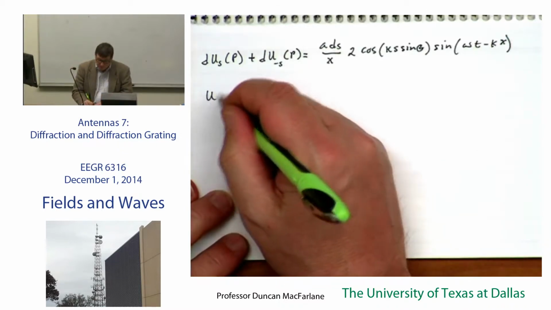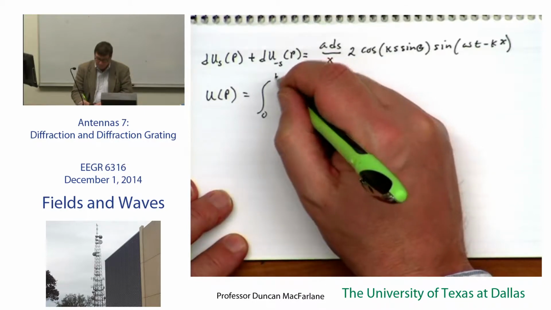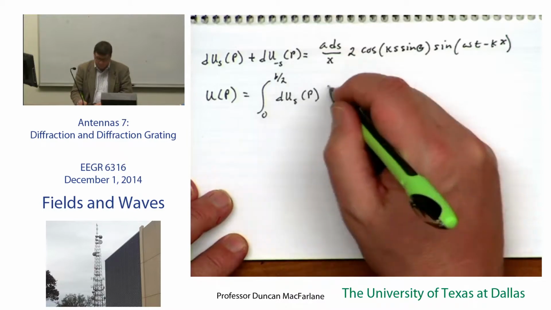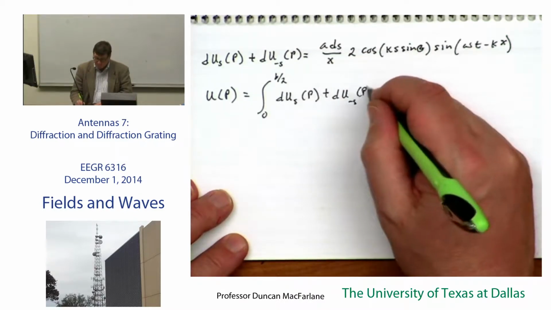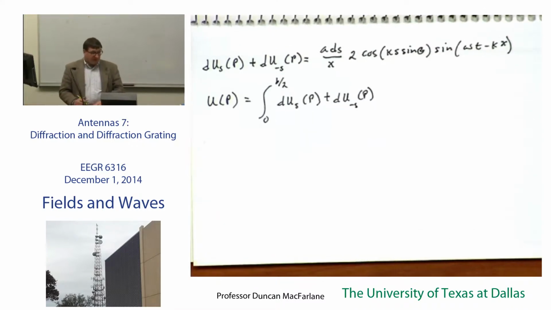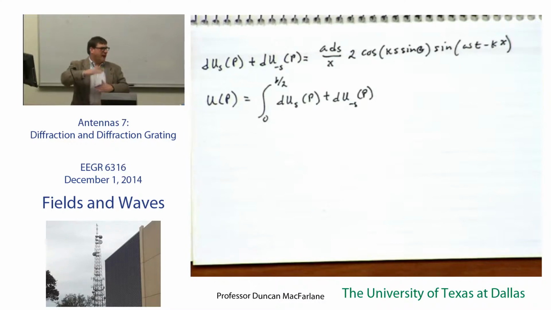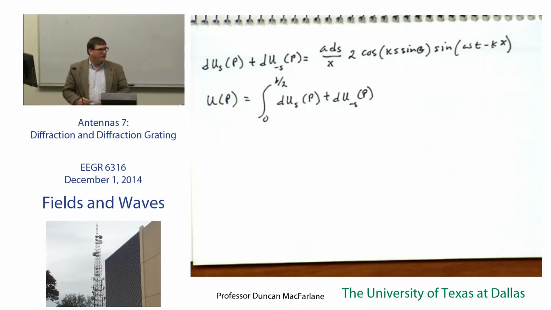So U of P is the sum over the slit from 0 to b over 2. We just have to add up half of this because I'm taking below and above the origin.